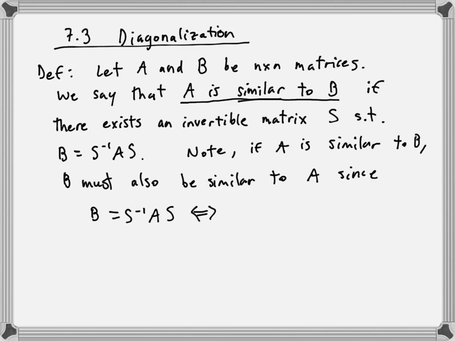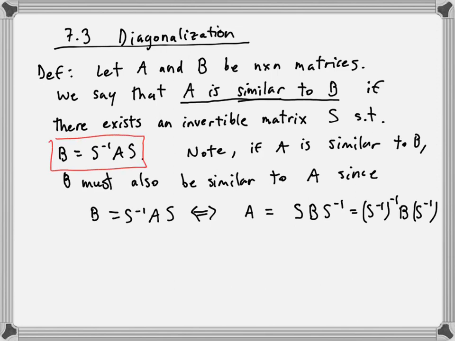Well, if I multiply both sides on the left by S and both sides on the right by S inverse, then this means that A is actually equal to S B S inverse, which is the same as S inverse inverse B and then S inverse, right? And so you could see that it takes on the exact same form, okay? But this is the key relationship. The key relationship is right here. This is what it means for two matrices to be similar.